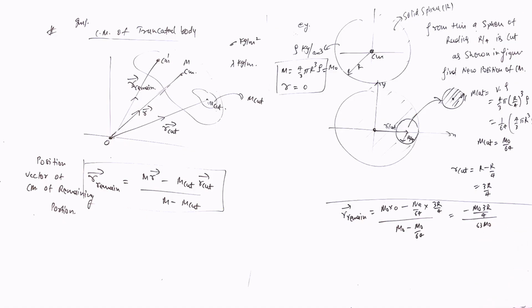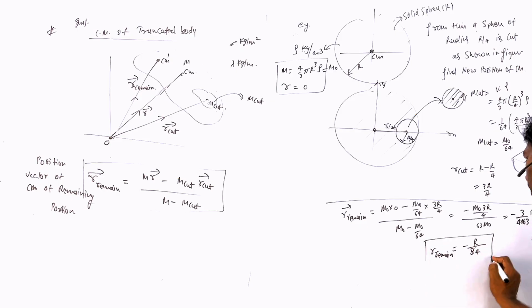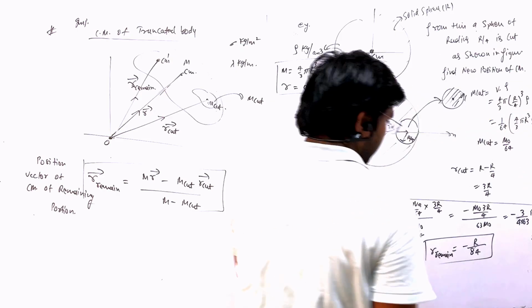By making simple calculation, m naught will cancel out. So this is minus 3r upon 4 into 63, and 3 sixes are 18... so this is 84. So the center of mass of the remaining portion is minus r by 84.